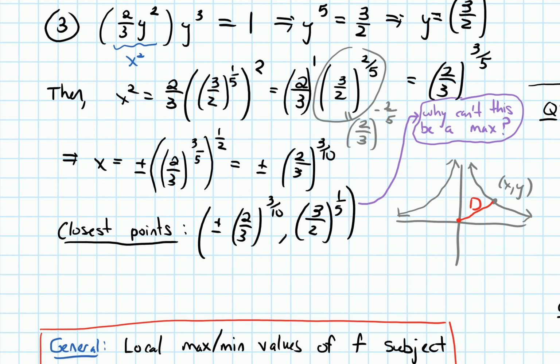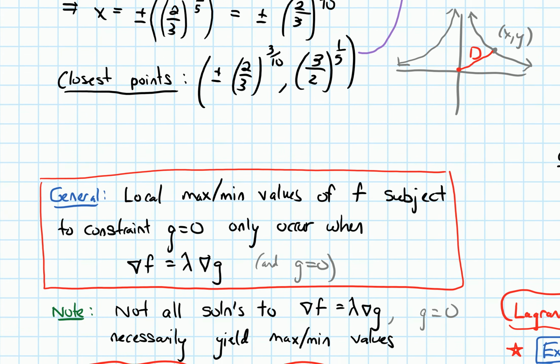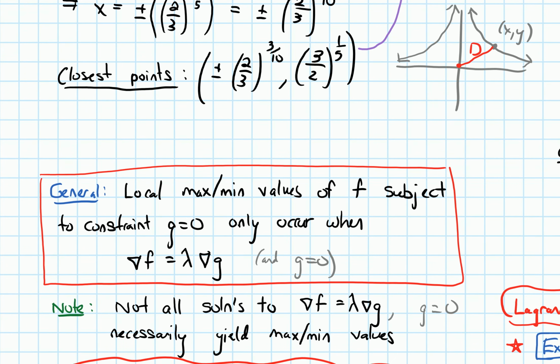Okay, so just to recap, in general, the local max and min values of a function that's subject to a constraint, which I'll call g equals 0, only occur when the gradient of f equals lambda times the gradient of g. And so in parentheses, I've also written, and g equals 0. So why did I write that? This is just saying that, oh, we also need to consider the constraint equation.